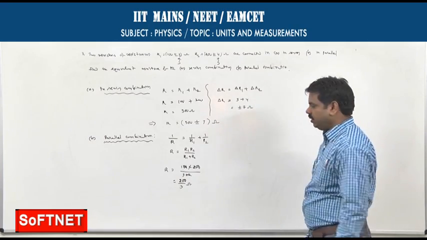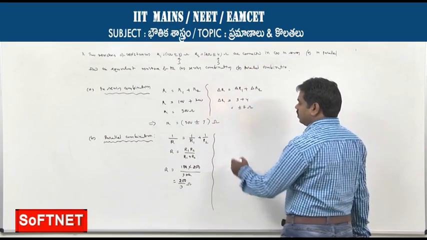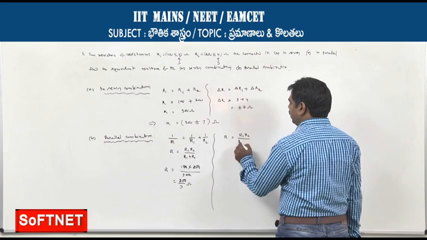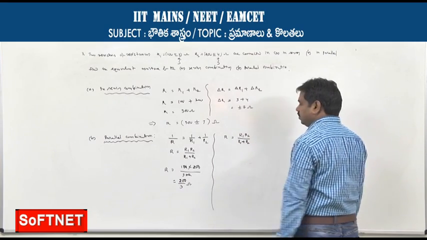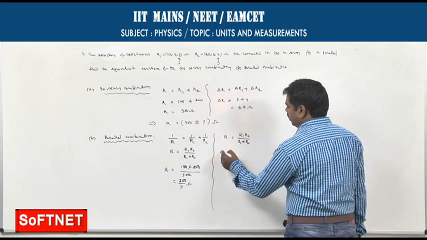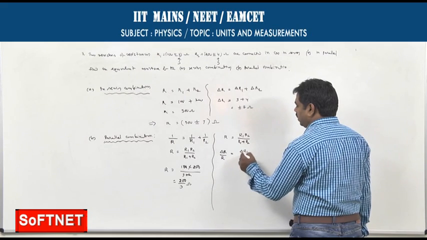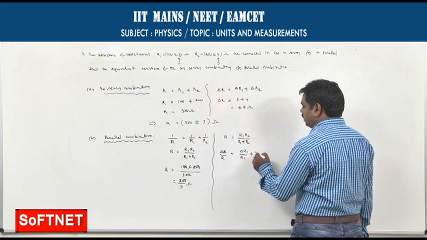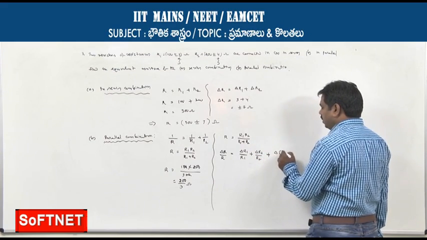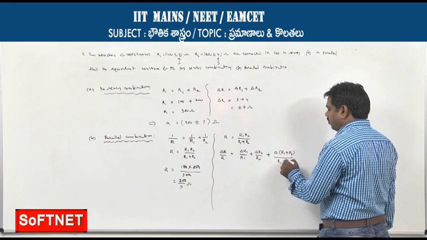Next let us find out the error in the measurement of capital R. So R is equal to R1 R2 by R1 plus R2. Again, we already discussed in the propagation of the errors, this can be written as delta R by R is equal to delta R1 by R1 plus delta R2 by R2 plus delta of R1 plus R2 by R1 plus R2.